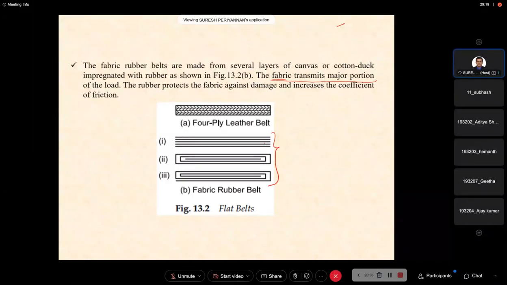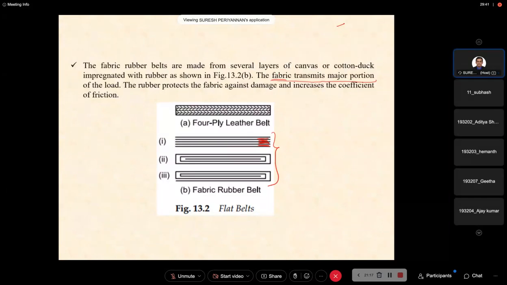Now, see here, this is the fabric material. In between the fabric material, we are using rubber.